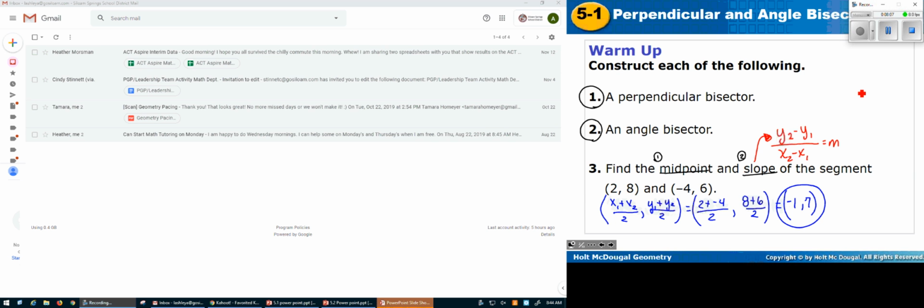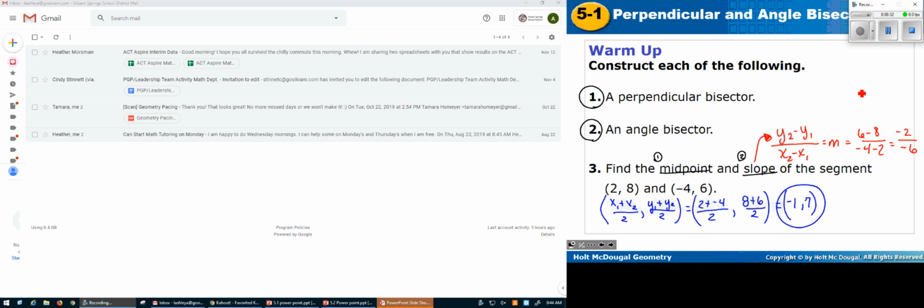So at this point, if we plug these in, we would have 6 minus 8 over negative 4 minus 2. And what does that reduce to? Negative 2 over, I'm sorry, I didn't hear you.